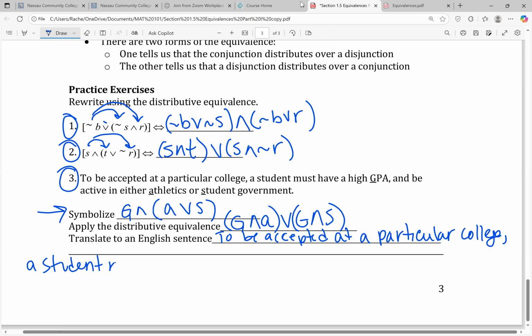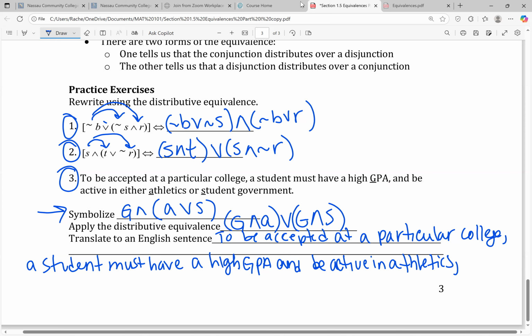A student must have a high GPA and be active in athletics. So that's the left-hand side.